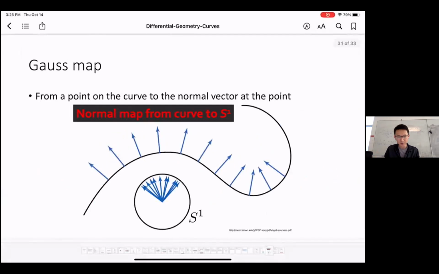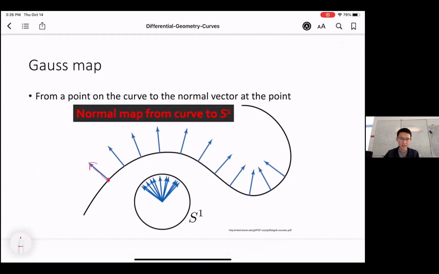The final thing is the so-called Gaussian map. I actually don't see where we use it in the lecture, but just to introduce the terminology. A Gaussian map is saying that if I have a point on my curve, and because I have the tangent vector, normal vector, and binormal vector, I can define a map from any point to its normal vector. So let me state it again. I have a point here, and I can compute its normal vector, a unit length vector.